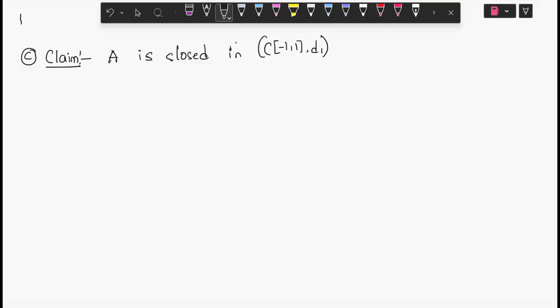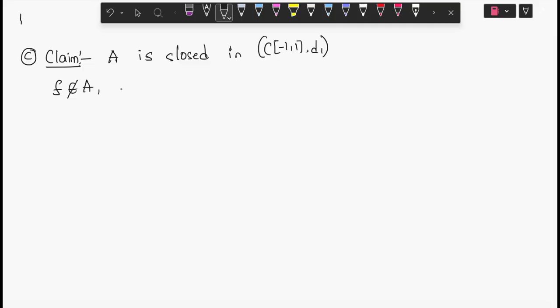So as my claim is that A is closed, how can I prove it? If I take a point f that does not belong to A, and if I can prove that this f outside of A is not a limit point of A, then I am done.